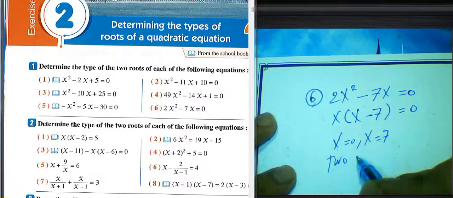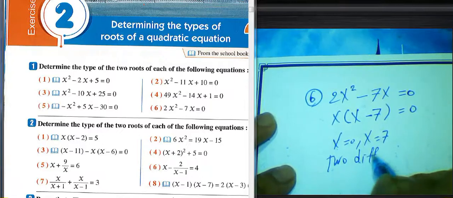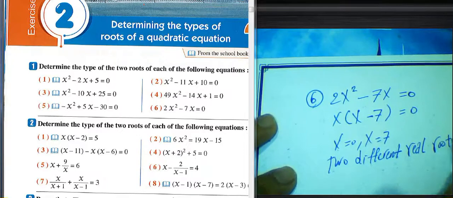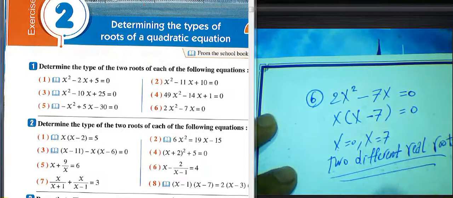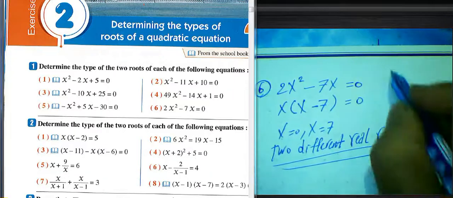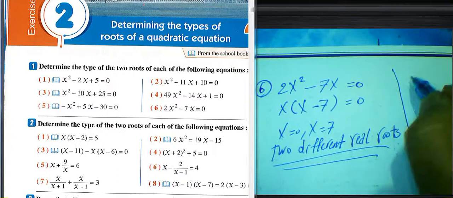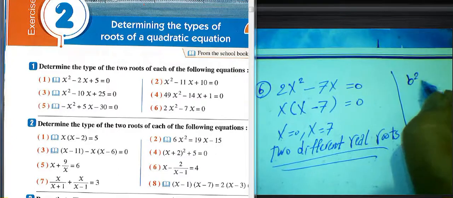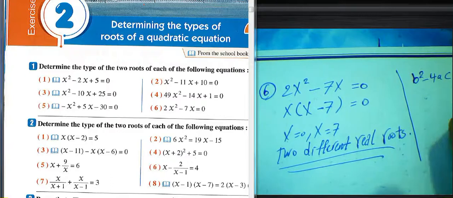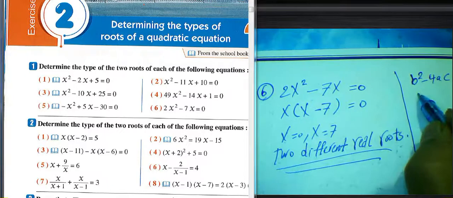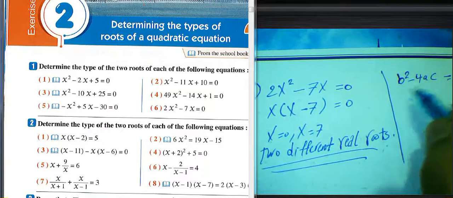Two different real roots. Okay, we can also determine this by finding the discriminant. b power 2 subtract 4ac, where b equals negative 7. Let's say another method.